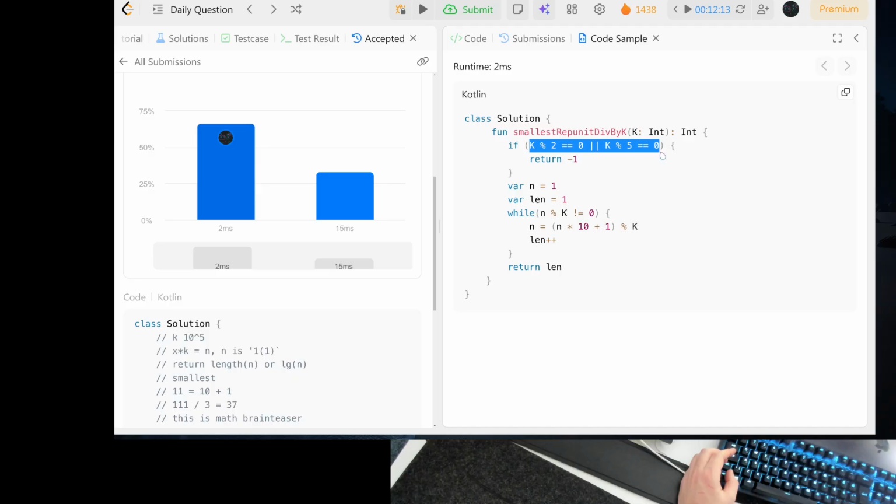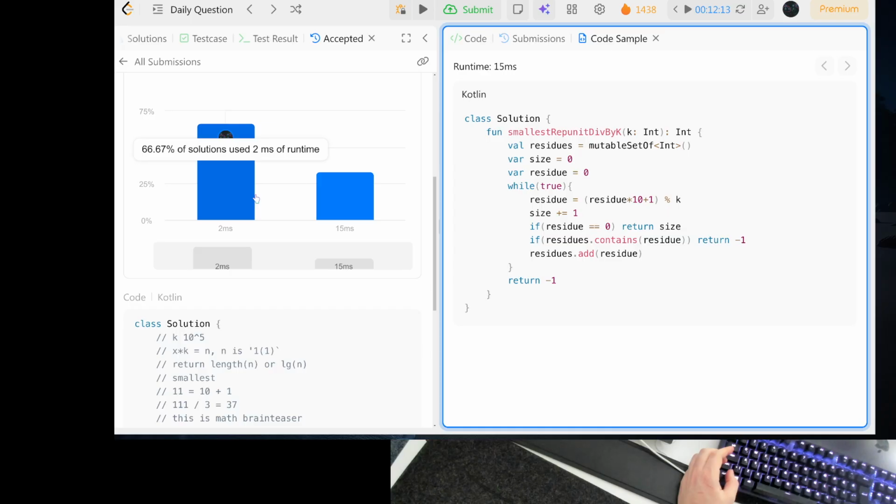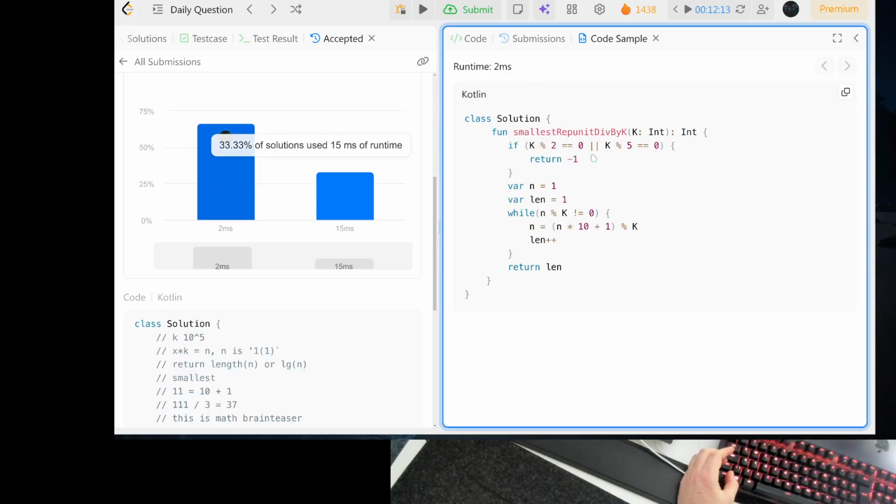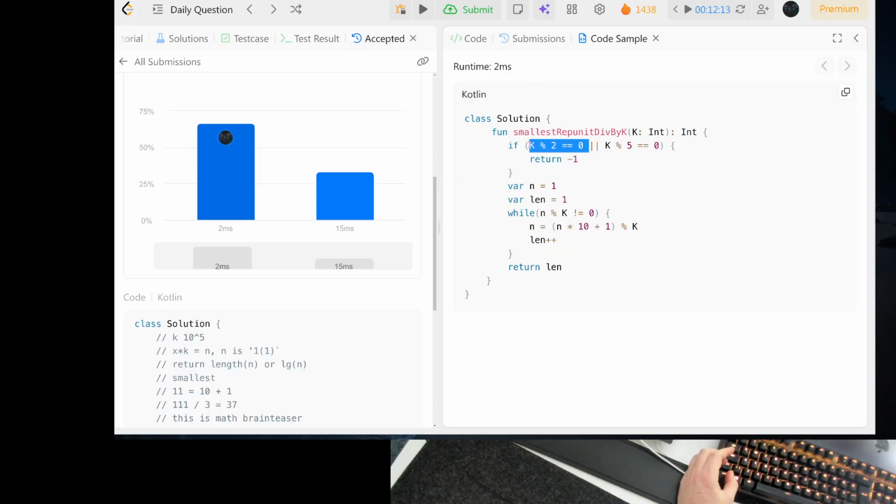Okay, that's even more tricky. So this is a mathematical algorithm. Okay, the set one is actually less optimal. So if it's divisible by 2 or divisible by 5, interesting.